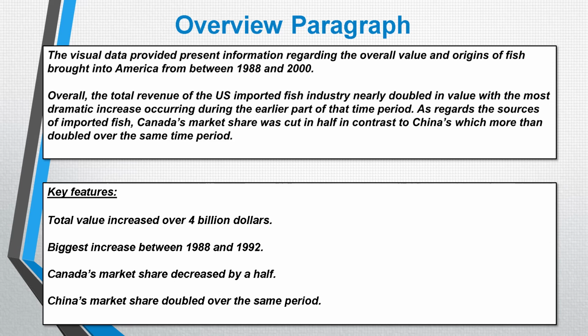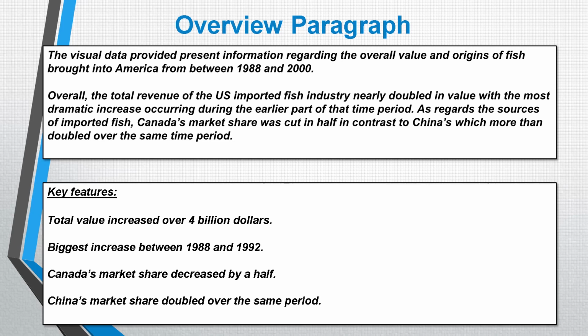So, I've made the changes clear there, but I haven't used any specific numbers. I've just used phrases such as nearly doubled or was cut in half and more than doubled. So that gives a good indication of what happened, but is not specific. So it's still providing us with a simple overview. And notice again, we've used synonyms and varied the vocabulary where we could.